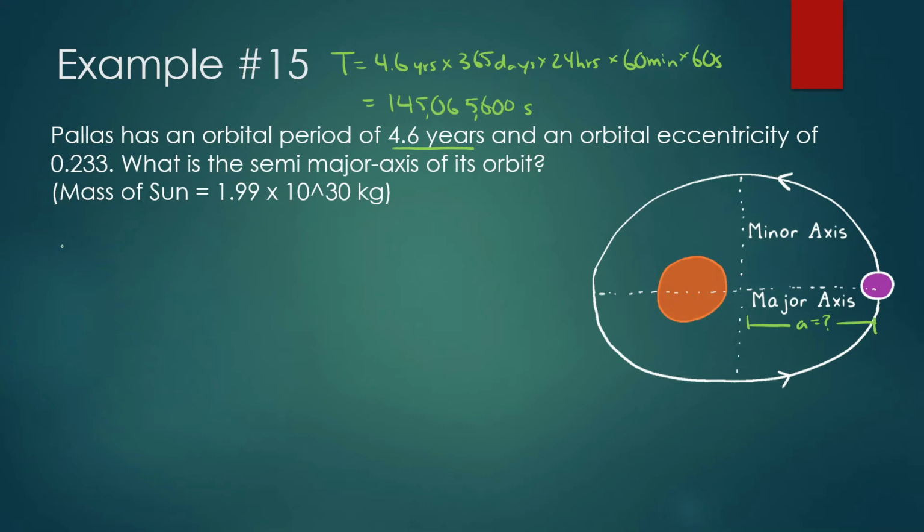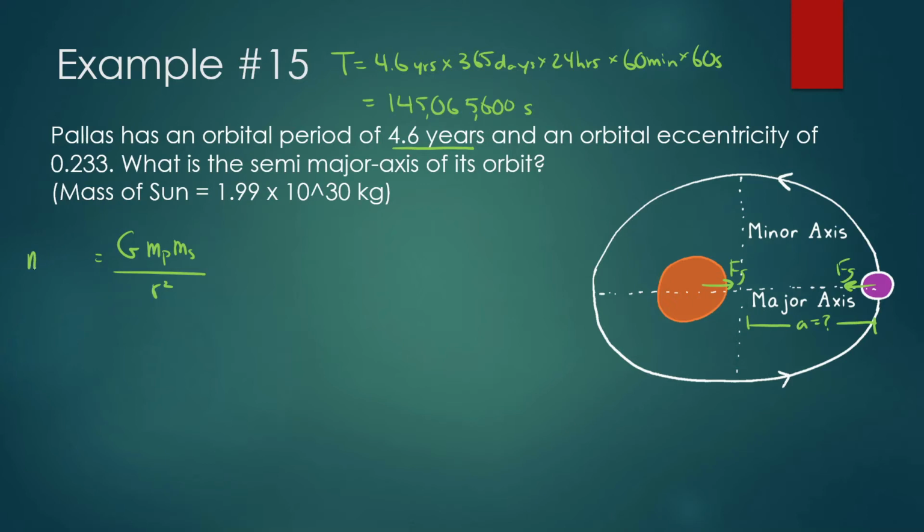So now let's see, what are we looking for? The semi-major axis. Okay, so force of gravity equals G, mass of Pallas, mass of sun, divided by R squared. We can change the force of gravity to be the centripetal force, because the force of gravity is what's allowing it to go in a circle.